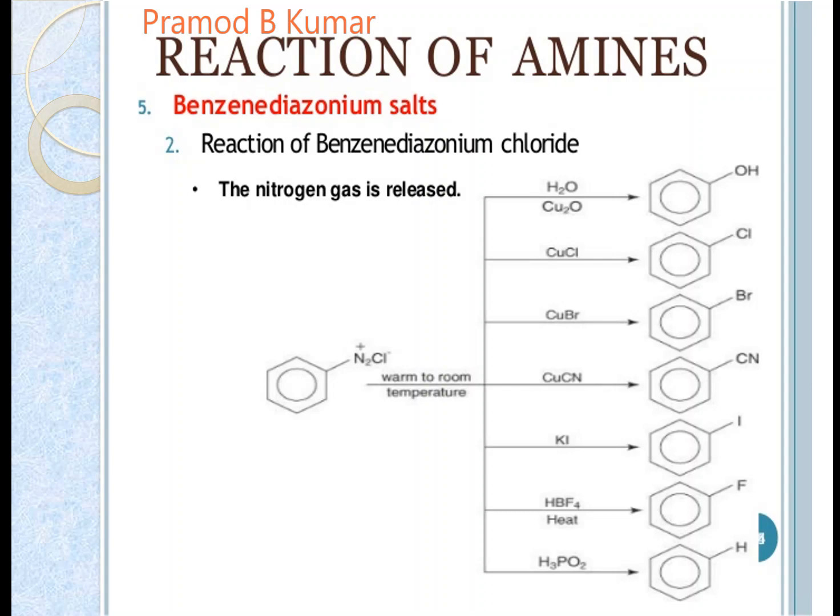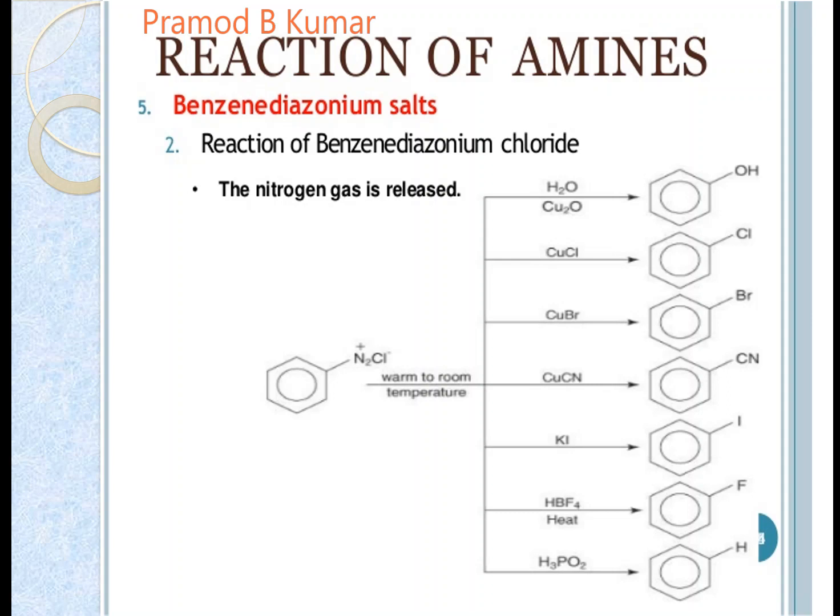So what happens when you heat benzene diazonium salt and treat it with other reagents? If you treat it with water, you get phenol. If you treat it with cuprous chloride, you get the chlorine derivative, that is chlorobenzene, then bromobenzene, cyanobenzene, iodobenzene and so on.